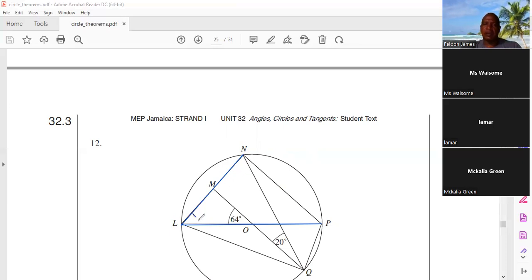And this is the angle that we want to find. Bear in mind that we know this angle is 32 already. Is there anything else there? We know this angle would be 32.